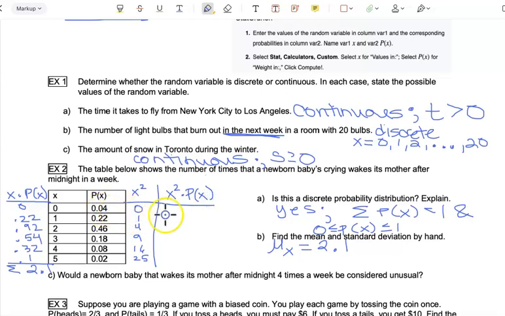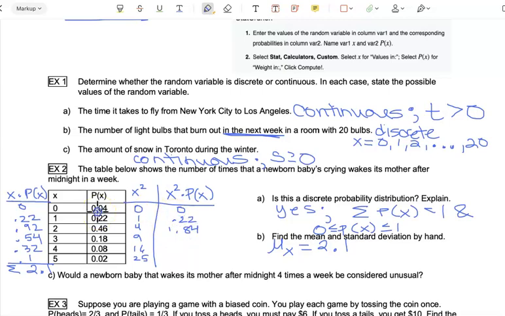So notice now these are right next to each other. So p of x times this guy is how we're getting this column over here. So notice I start off the same as I did with x times p of x because of the nature of 0 and 1. So then I've got 0.46 times 4 this time. So that's 1.84.